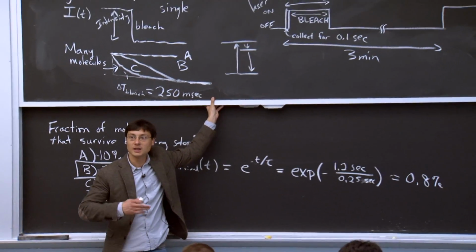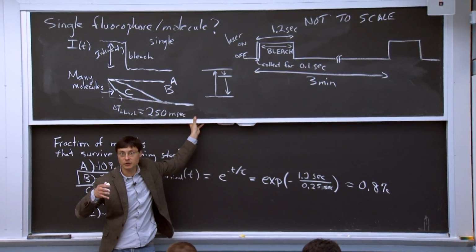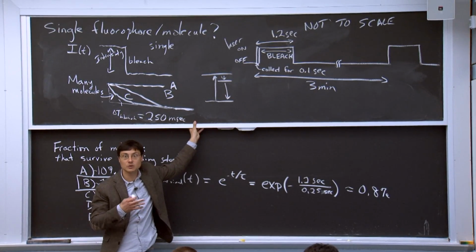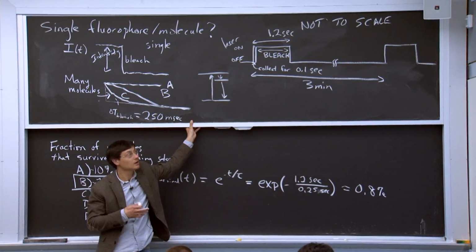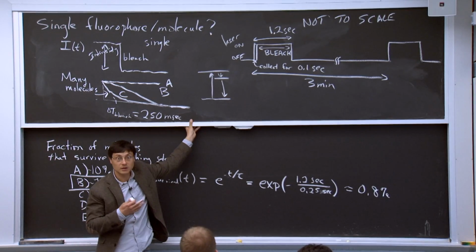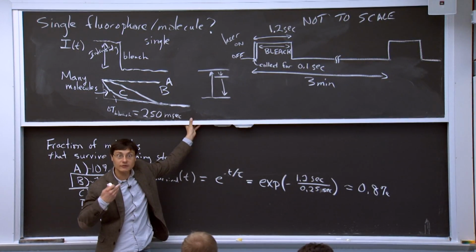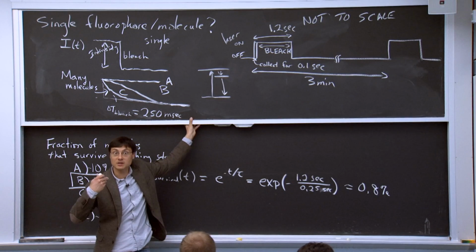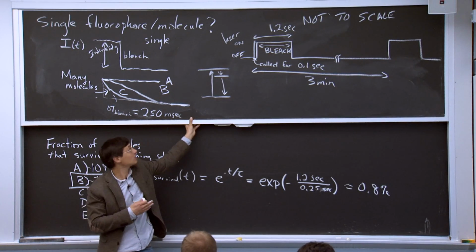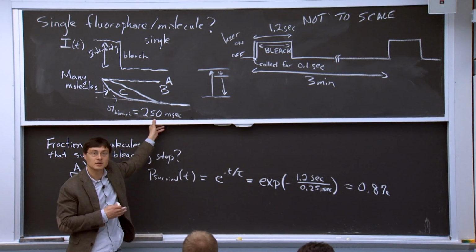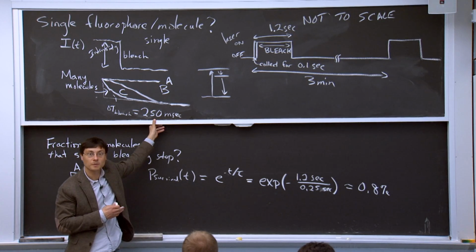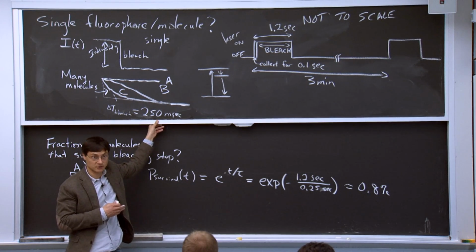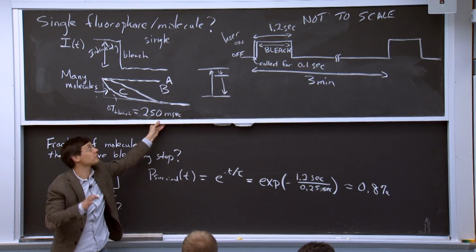So if you're shining light on this fluorescent protein, it's going to bleach at a rate whose distribution of lifetimes is exponential, with a time constant of 250 milliseconds. So it's like you're damaging the protein with too much light? That's right. But it's a one-step process.